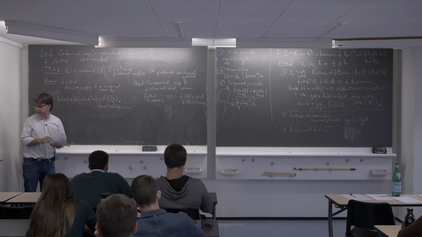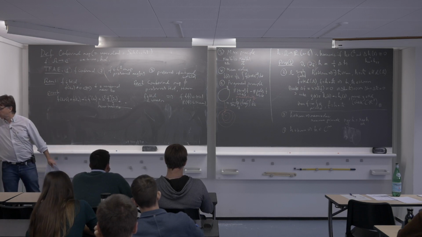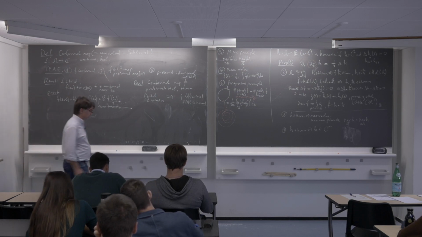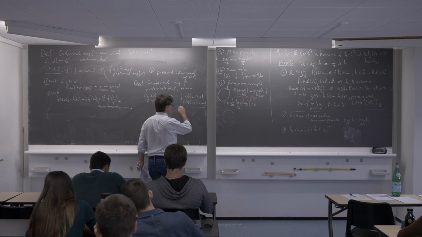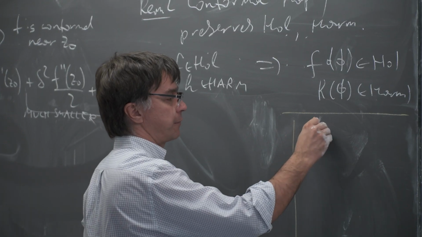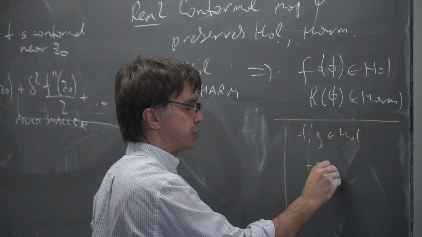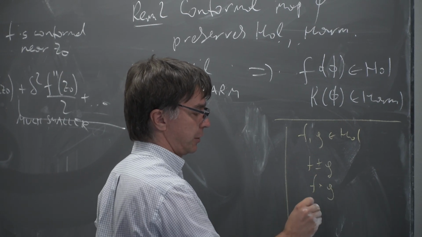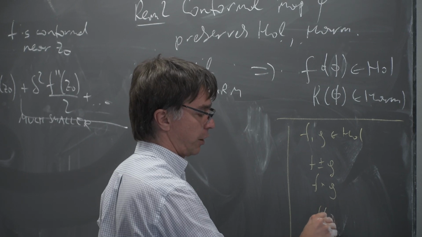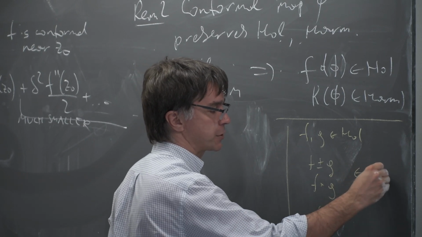I haven't written it on the blackboard, but it's clear that if f, g are holomorphic, then f plus or minus g, f times g, and f of g are all holomorphic functions.